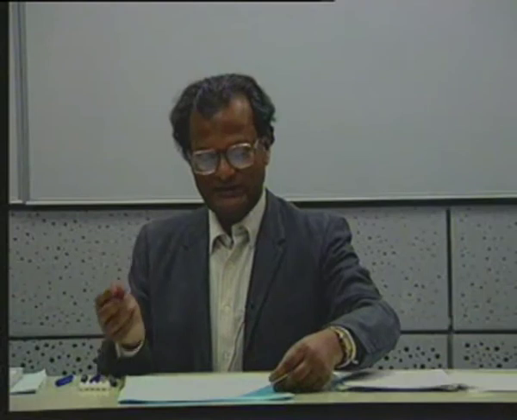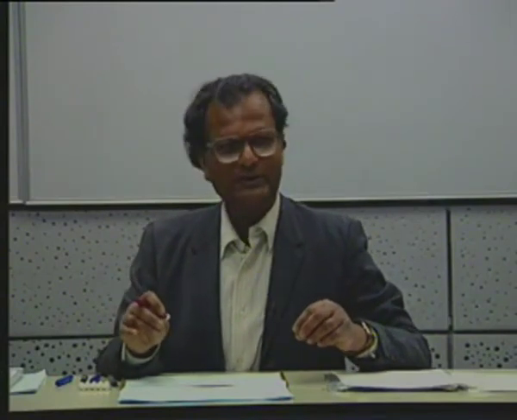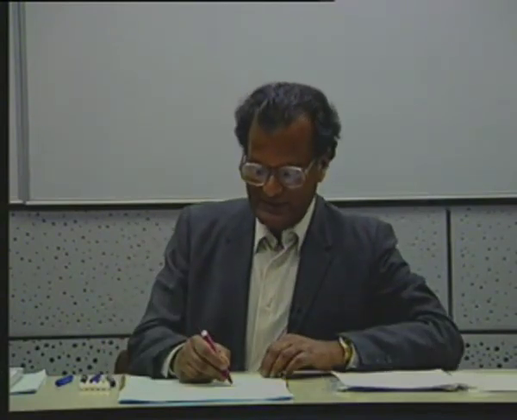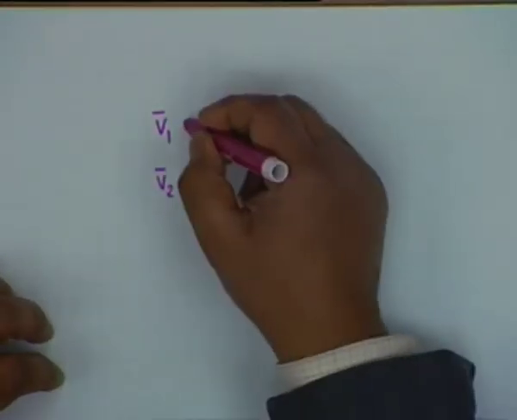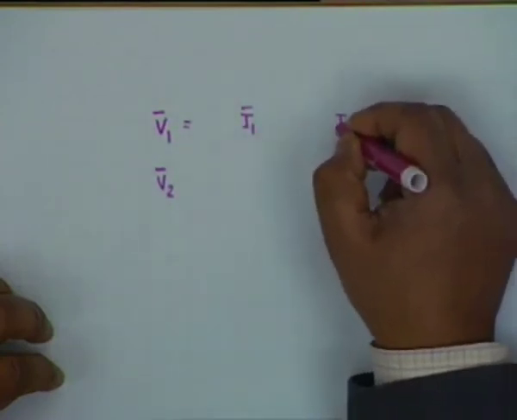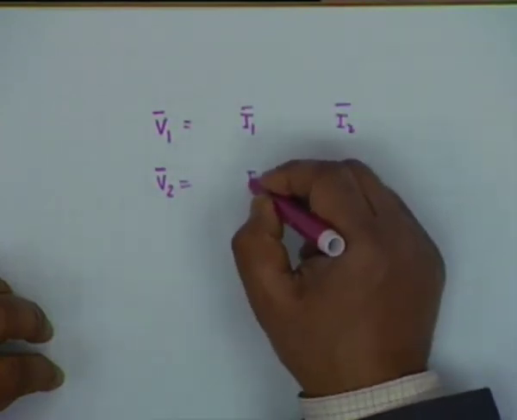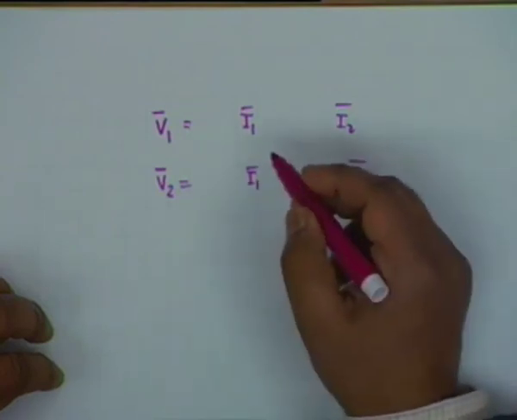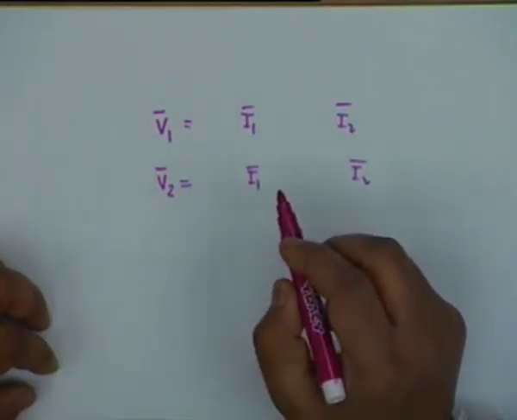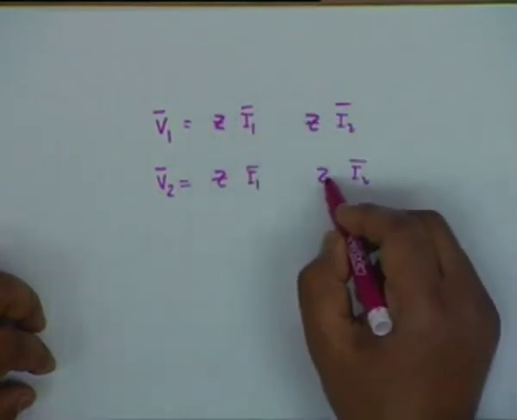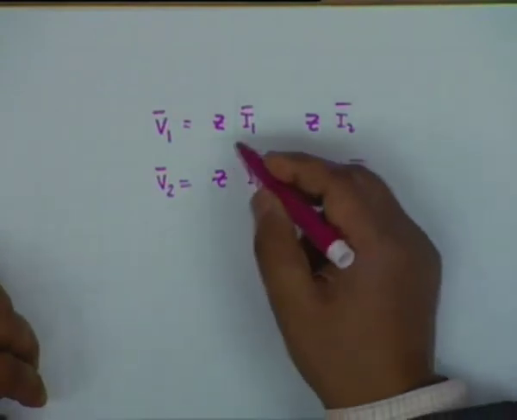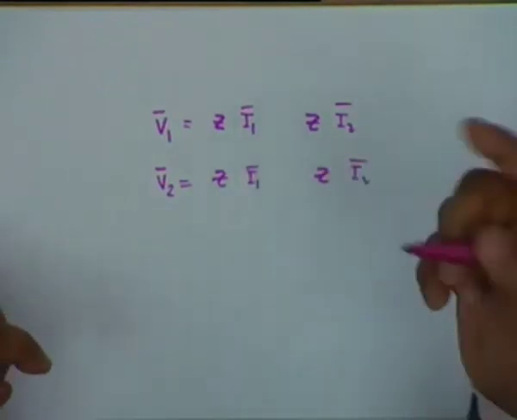So if we take the first set of relationships where I1 and I2 are independent variables and V1 and V2 are dependent variables, then we say the voltage phasors V1 and V2 can be written in terms of I1 and I2, and the coefficients are impedances. So we shall have Z, Z, Z, Z. We must now distinguish between the 4 Z's.